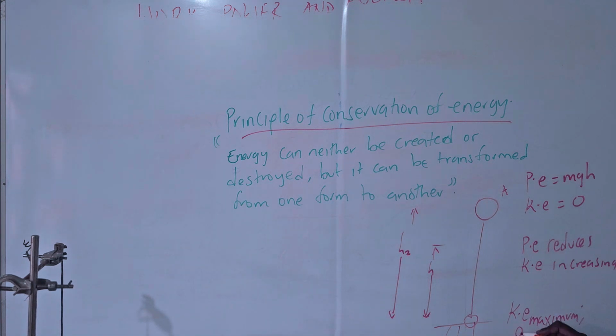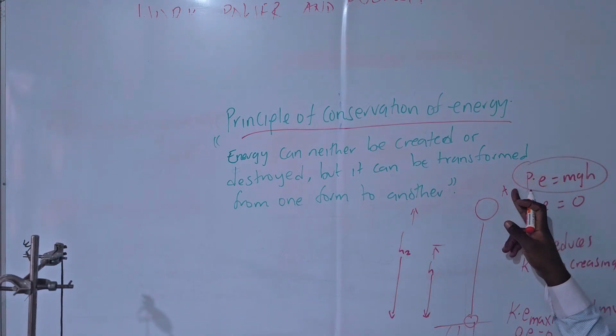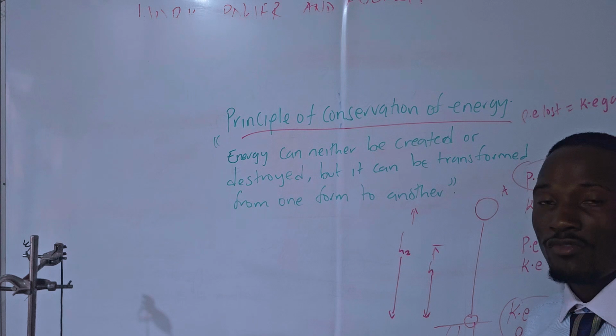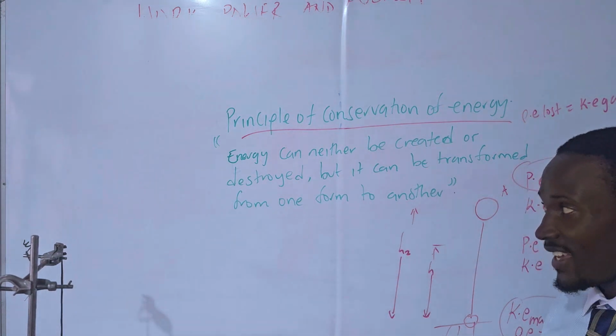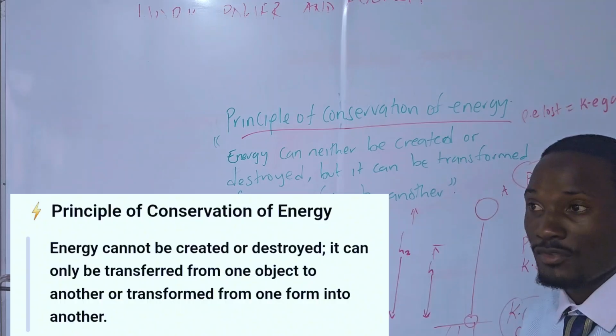But the potential energy is zero because now it is at a height of zero. So all the potential energy we had initially has been converted into kinetic energy. It is the same amount of energy. The PE lost is equal to the kinetic energy gained. That is the principle of conservation of energy. Energy can neither be created nor destroyed, but transformed from one form to another.